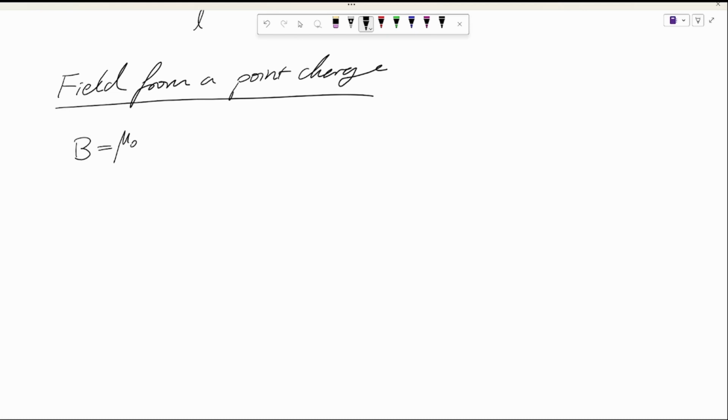I might have mixed up the two, but it's mu naught anyhow, it's on the formula sheet. B equals mu naught Q V cross R hat over 4 pi R squared. This is for a point charge moving in space, and you're looking at some random point, some radius r away, and wondering what the B field is at this point.